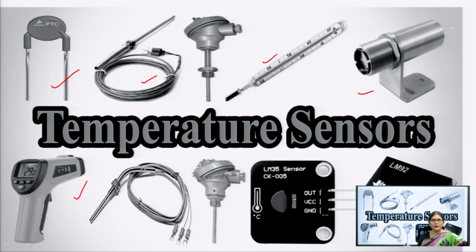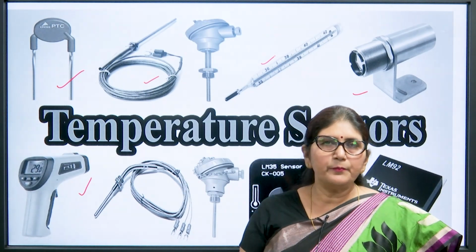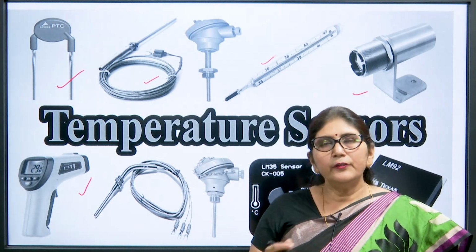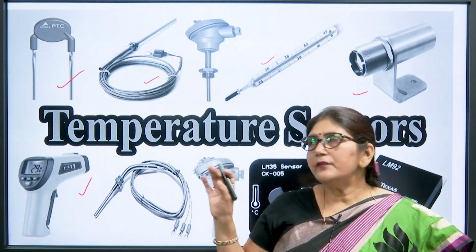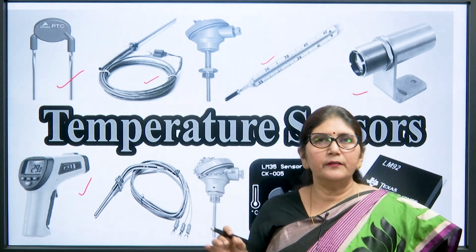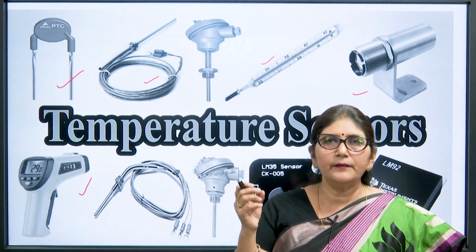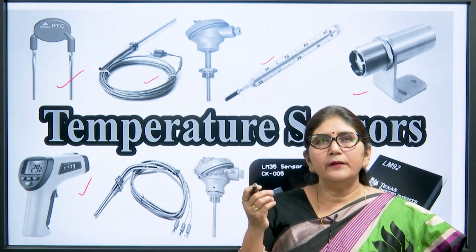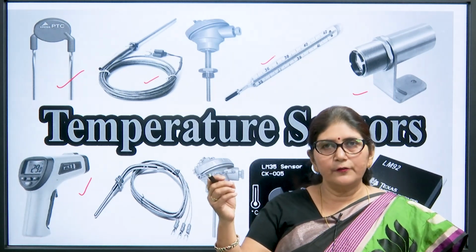This is a thermometer that we are using in our daily life. This thermometer basically senses the temperature of the human body. It also converts the change in temperature into a change in volume. In this type of thermometer, we know that mercury is placed inside a tube, inside a glass chamber, and when temperature increases, the volume of the mercury also increases.